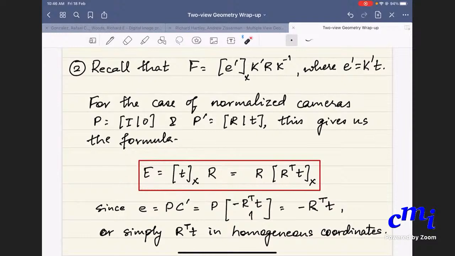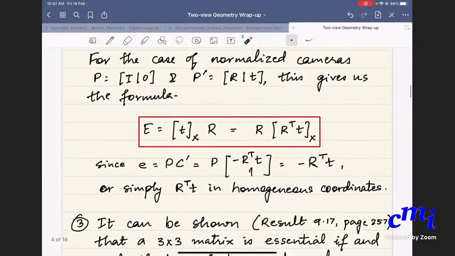Going further, last time we had seen a commutation relation for this kind of matrix, right? So if we want to put this matrix on the other side, then we will have to do this change in R. So the latter part of this formula follows just from that commutation relation.